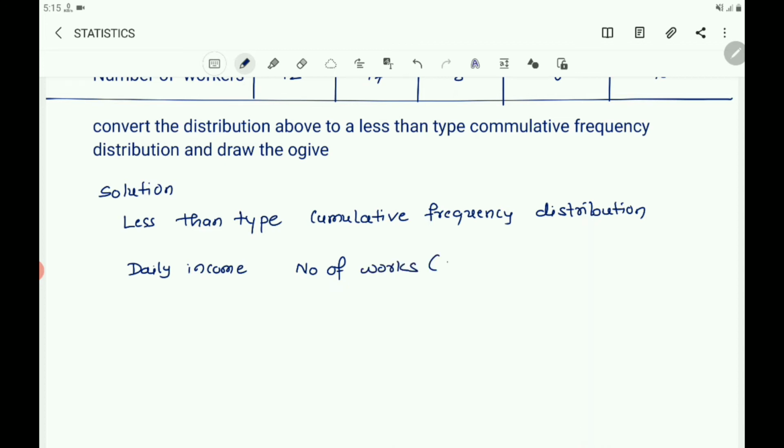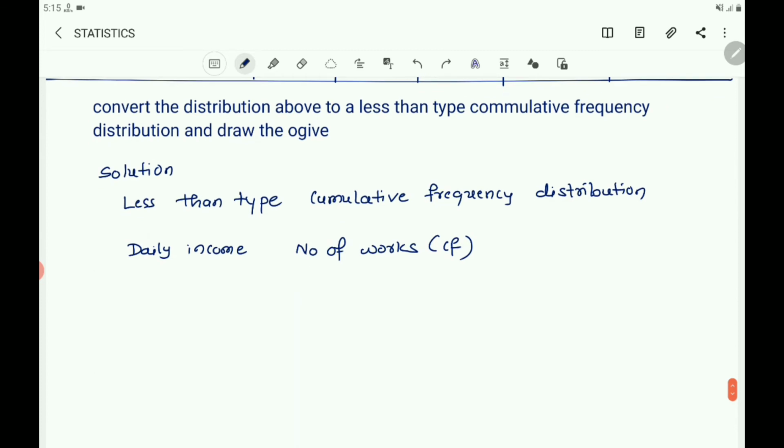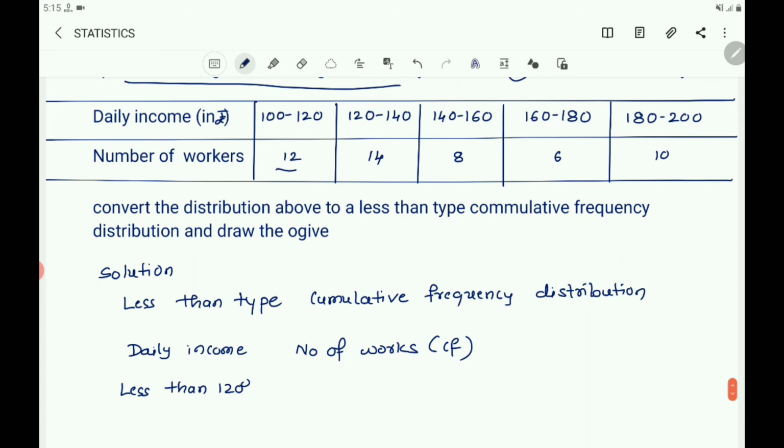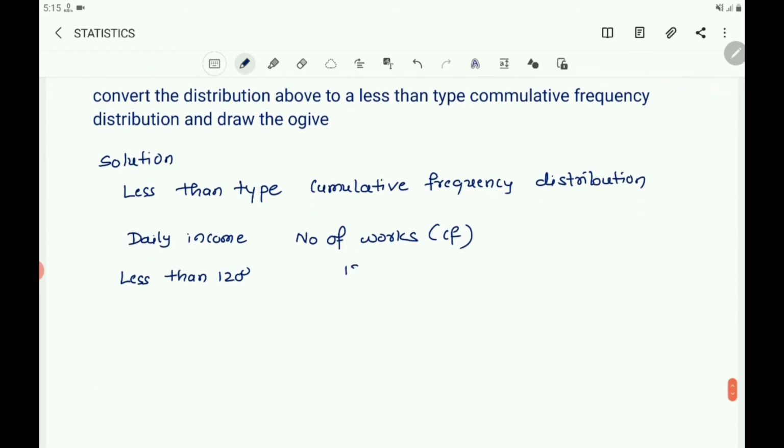For number of workers, here we have to take CF. Now the first upper limit is 120, so you write less than 120. Less than 120 is 12.